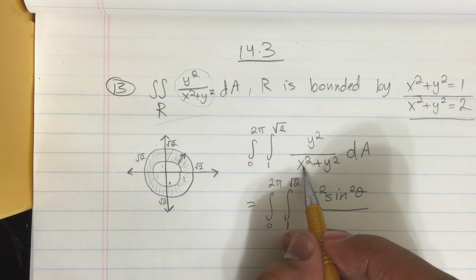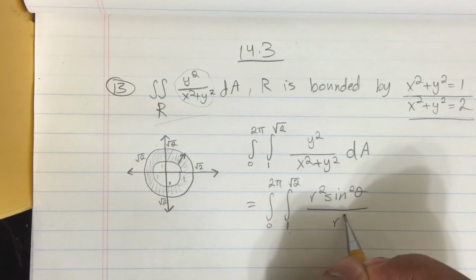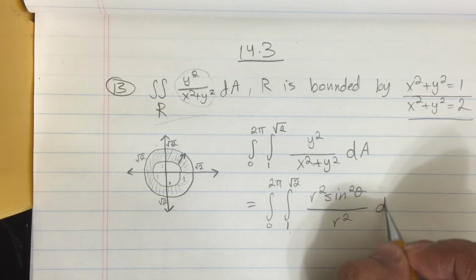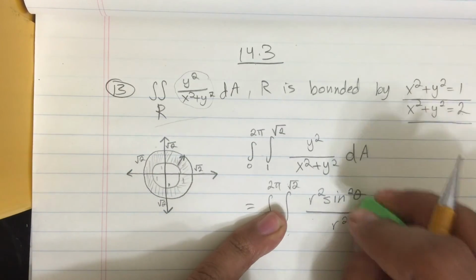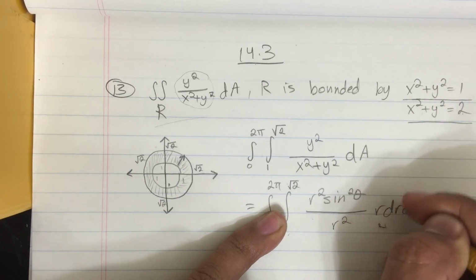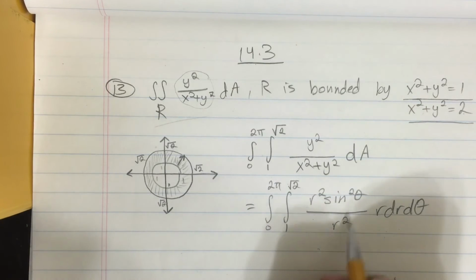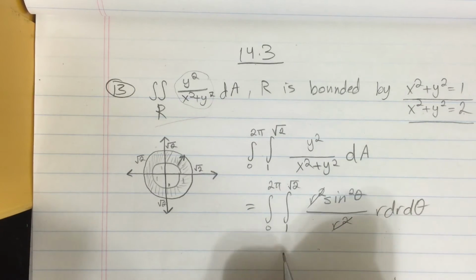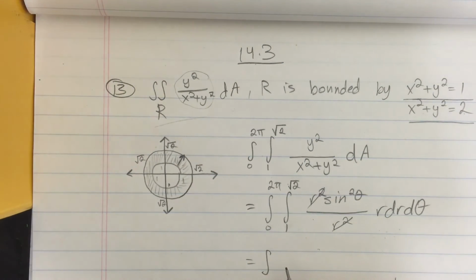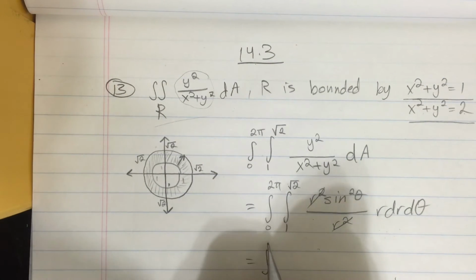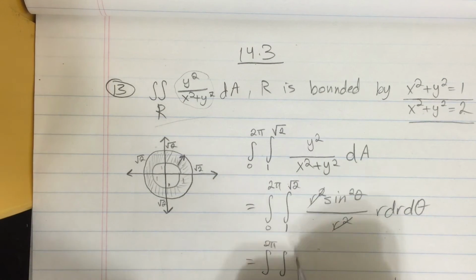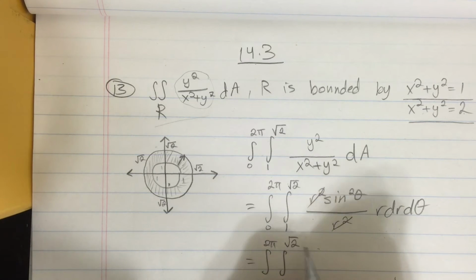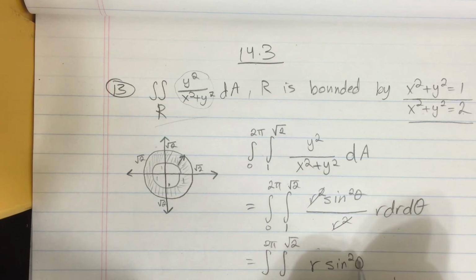Then x squared plus y squared is just equal to r squared. And then we have dA is equal to r dr d theta. So these two cancel each other out, and we only have r d theta. So what we can do is just solve for 0 to 2 pi. So we're solving for this integration, dr d theta.